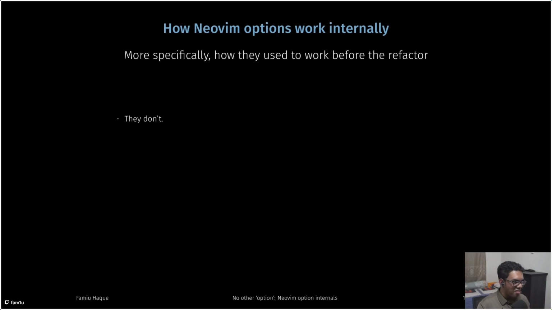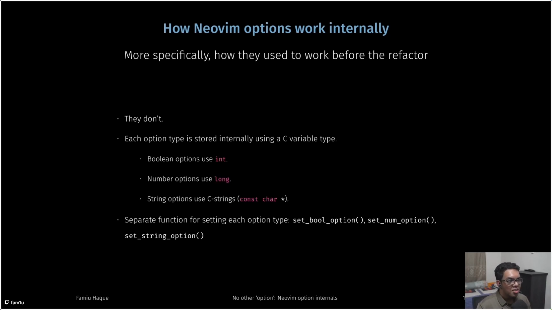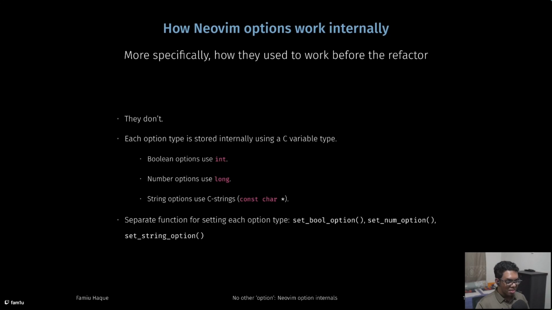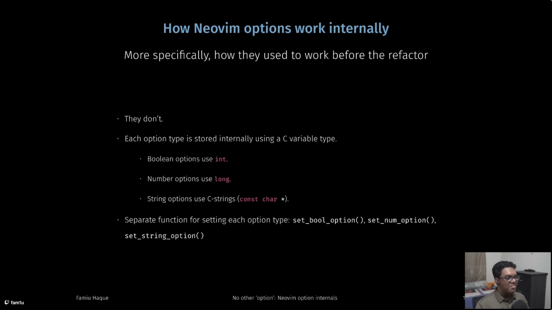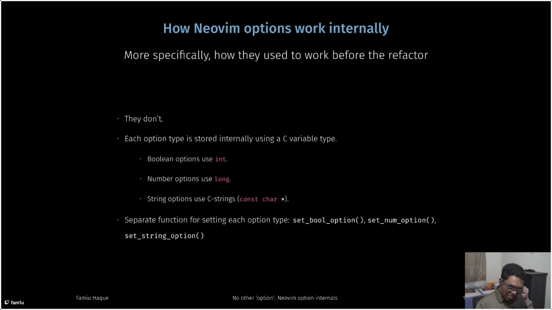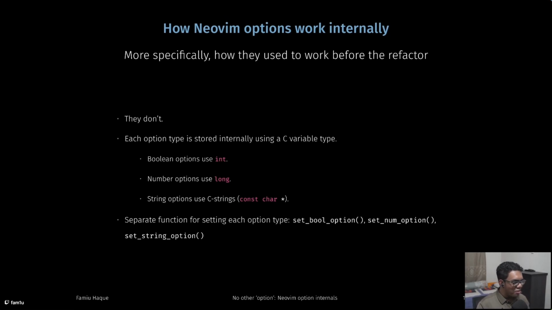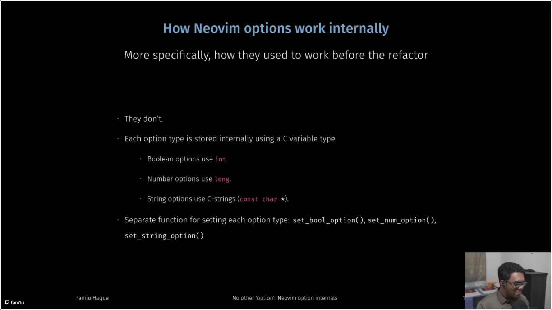But anyway, seriously. Each option type is stored internally using a C variable type. Boolean options use int. Why don't they use bool? I don't know, some legacy C reason, I guess. Who knows? They use int instead of bool. Why would you do this? Anyway, moving on.